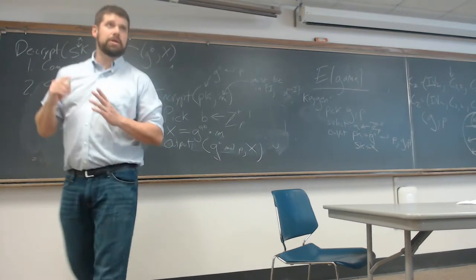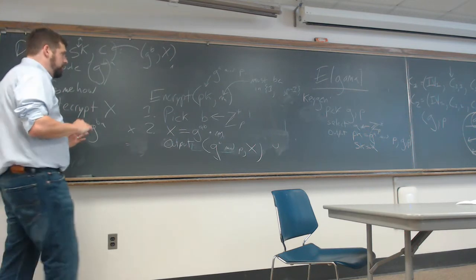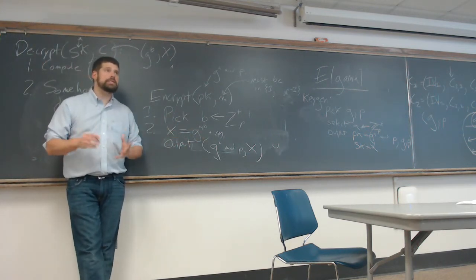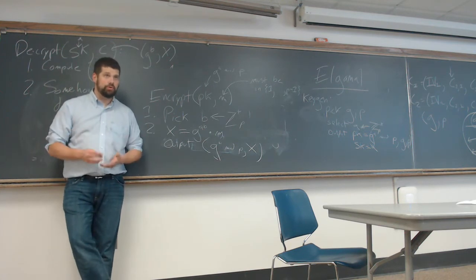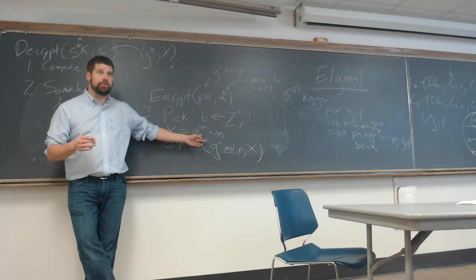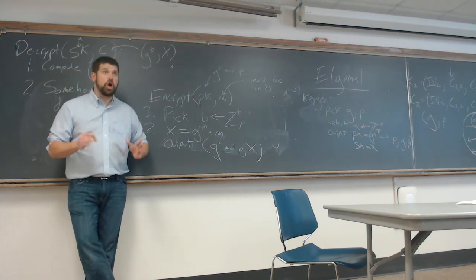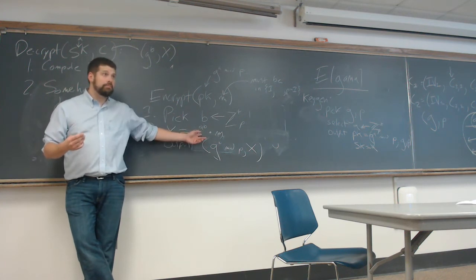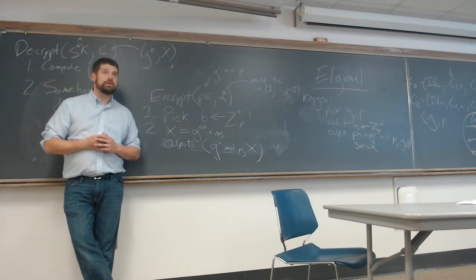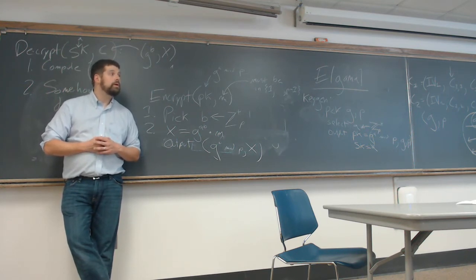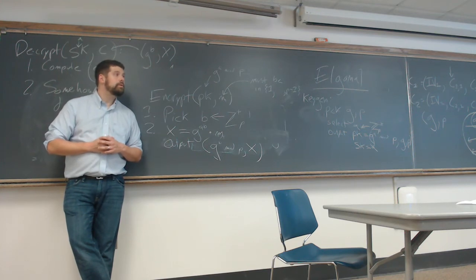The argument here is that if G to the AB is indistinguishable from a random element of the group, and we multiply a random-looking element of the group by your message, encoded as another element of that group, what would be the distribution of X? If you randomly distribute within your group.